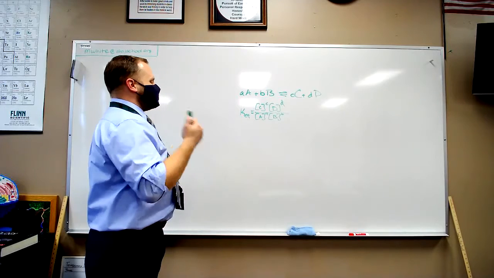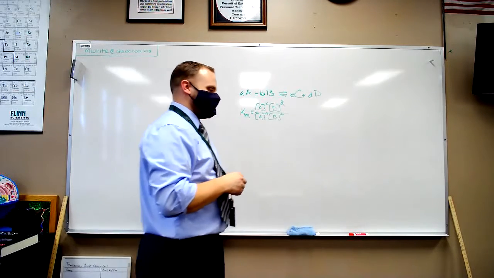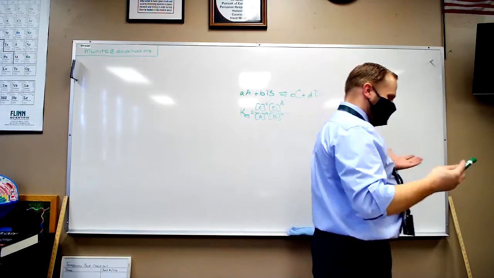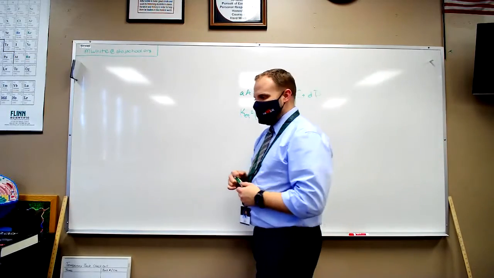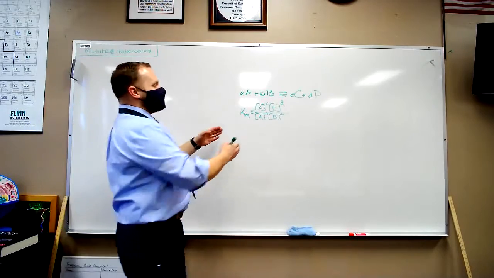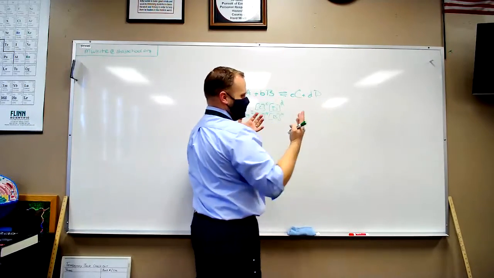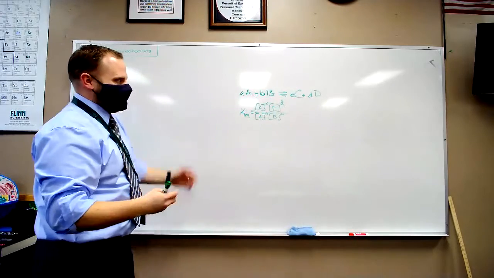Well, one of the easiest things you can do is just add more reactants. And that makes sense. I mean, honestly, you shouldn't even really need to apply Le Chatelier's principle to that. If you start with more of this, you're going to get more of that. It just makes sense. Okay?